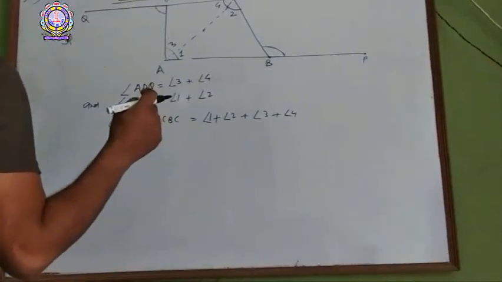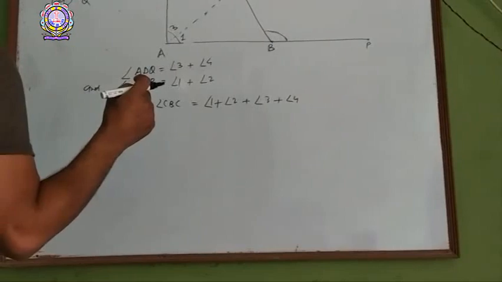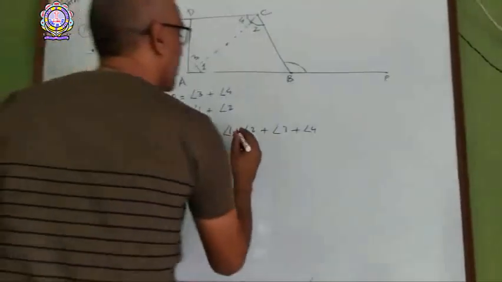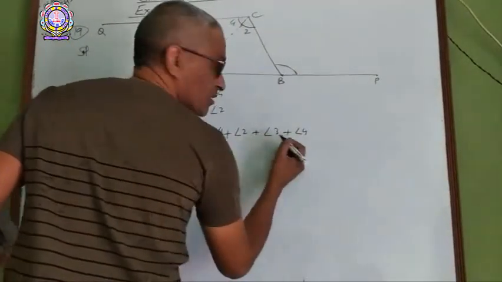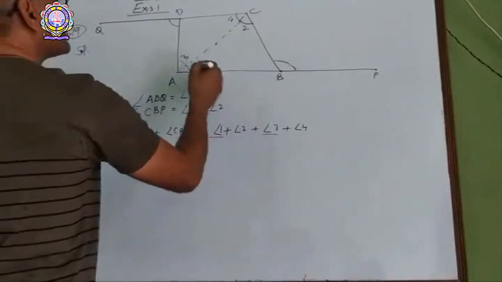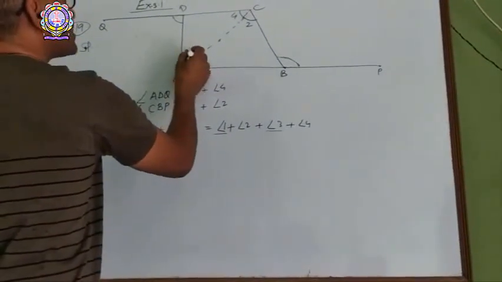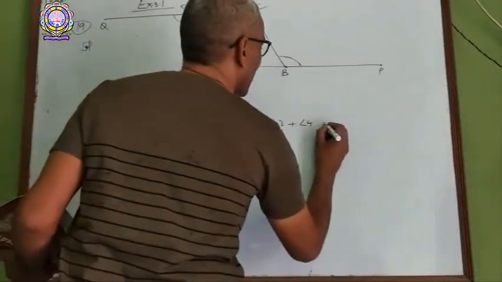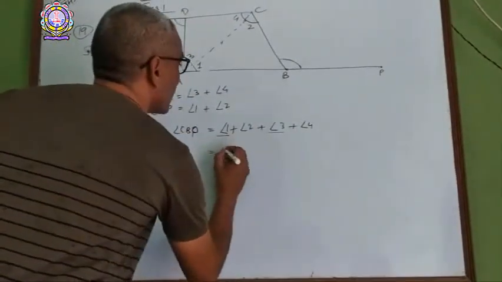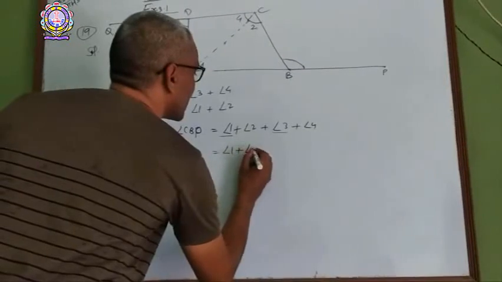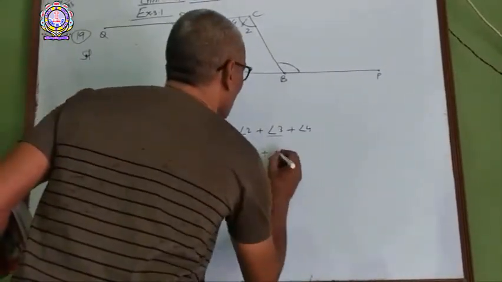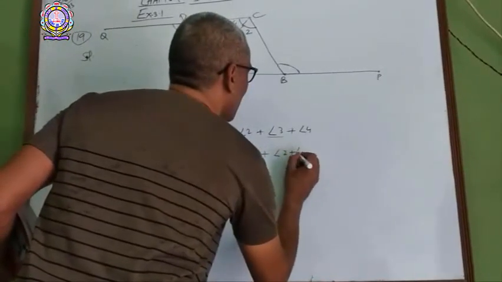Okay, now angle 1 and angle 3. You can see here angle 1 and angle 3 together are equal to angle A. You can write this here. Angle 1 plus angle 3, you can make the pair of this and this, plus angle 2 and angle 4.